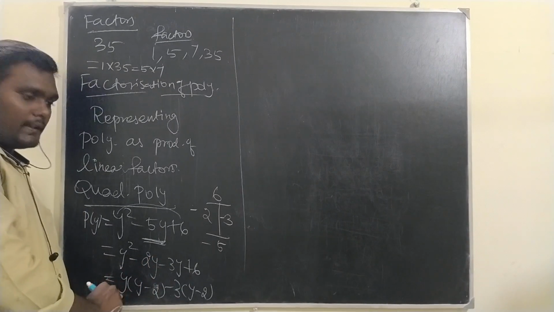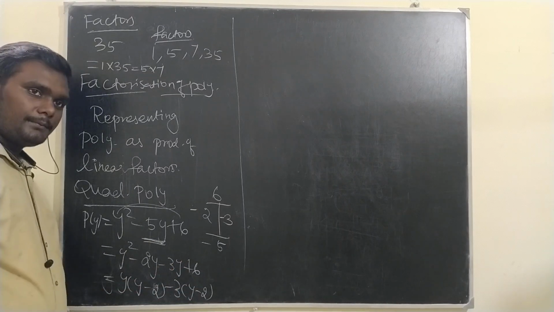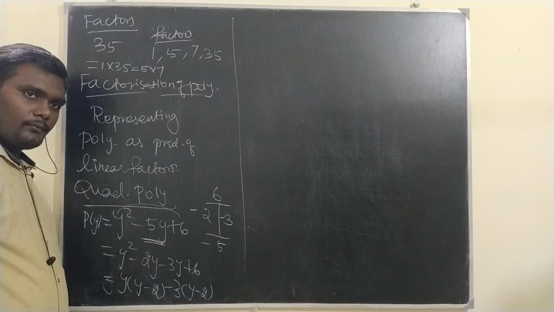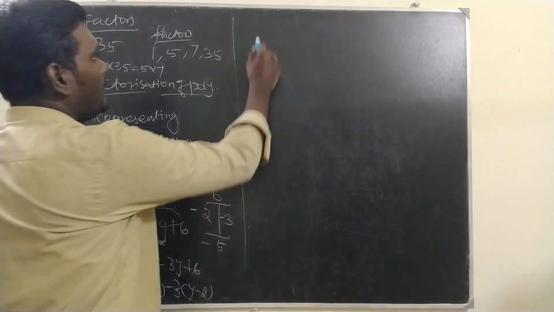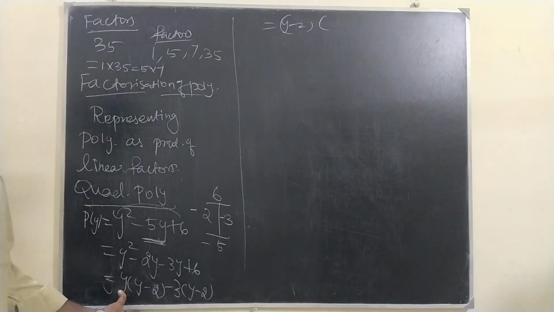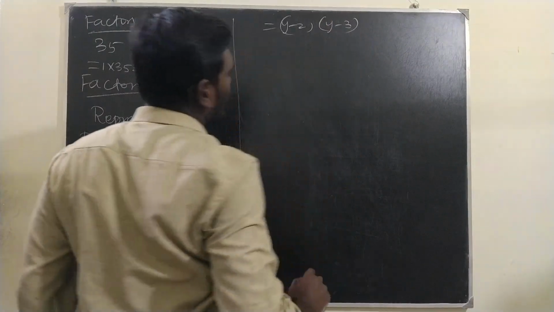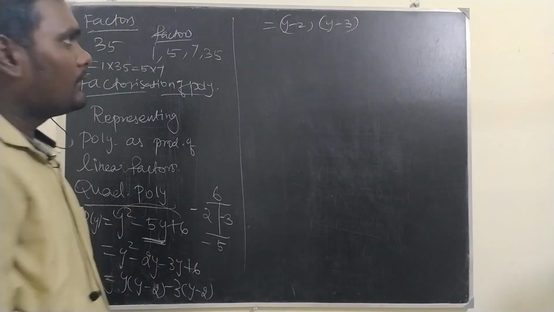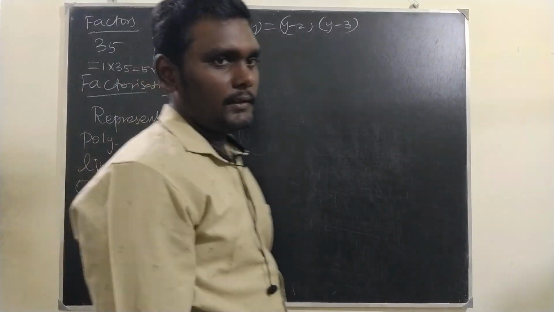First 2 terms I took y as common. Next 2 terms I took minus 3 as common. Now here how many terms are there? 2. From these 2 terms, y minus 2 can be taken out. When you take y minus 2 as common, the remaining in the first term is y, and the remaining in the second term is minus 3. Okay. So that is it. All of them are products of linear factors. Is it?